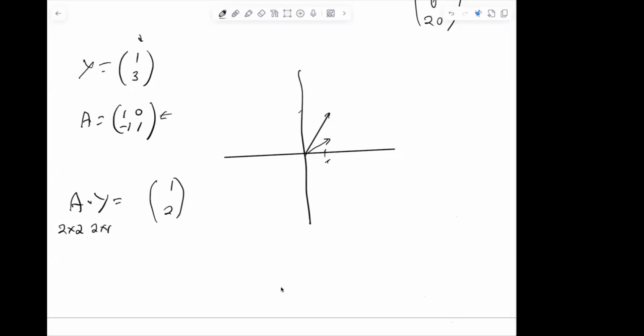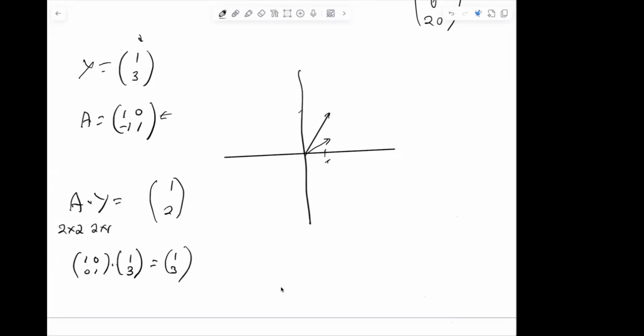Nothing else can happen. Of course, there is a situation where nothing will happen at all. If we multiply it by an important matrix, which is called the unit matrix, which has ones in the diagonal, then we'll get the same thing. But that's a boring matrix.